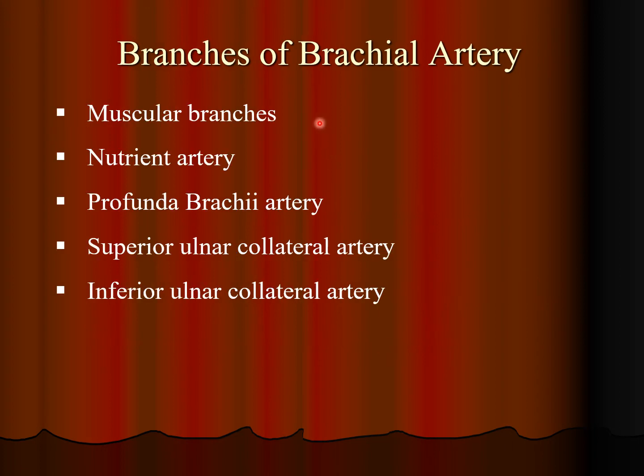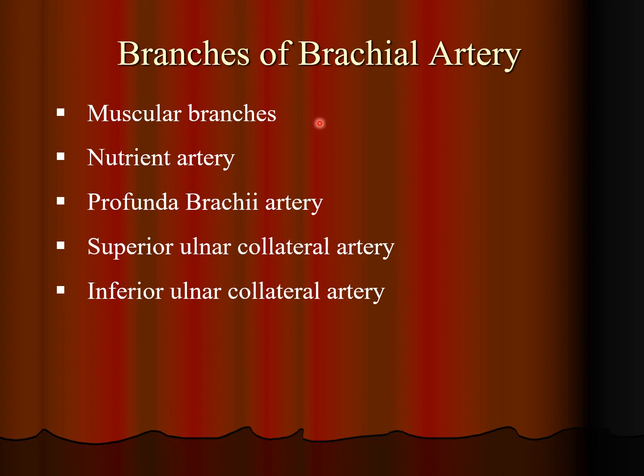Branches of brachial artery, we have many muscular branches. Now one thing which is important regarding the muscular branches: if we are talking about the branches of a nerve, we should know a single branch which is supplying the muscles by its name.